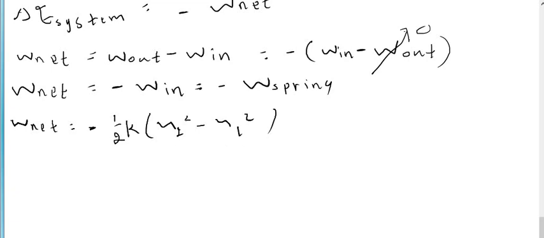From the information given, x2, the final position the spring reaches, is 0. So this will be equal to minus times minus, plus a half k x1 squared. We can call this equation 1.